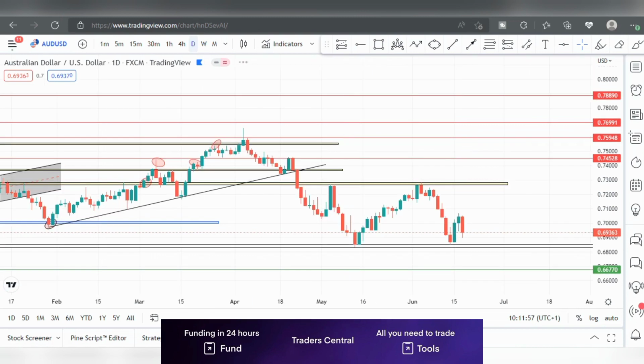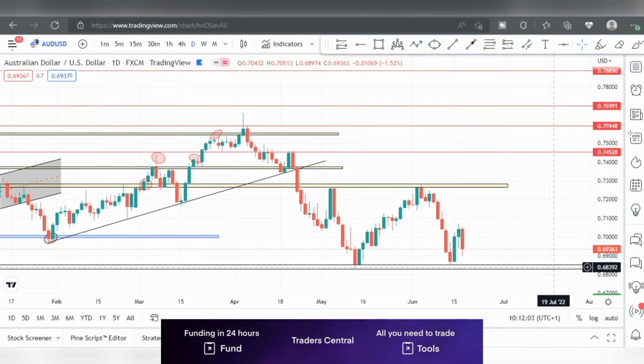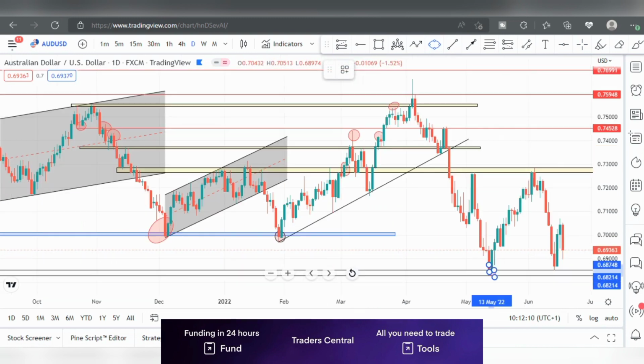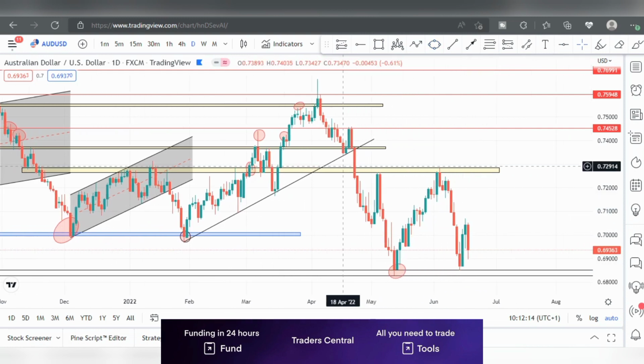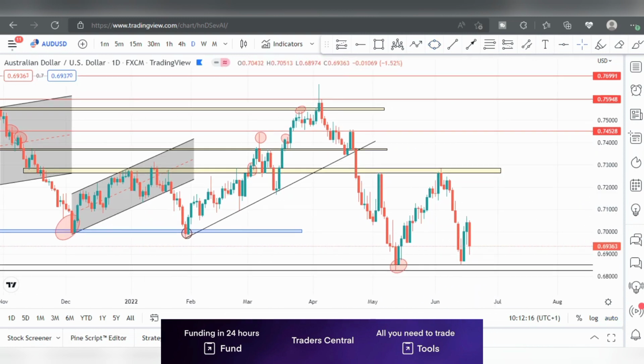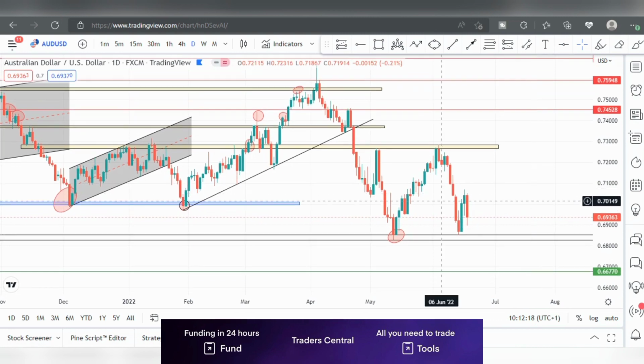Now, if we go to the daily time frame, we can see that when price got to this support area that I mentioned previously, it quickly rejected off it, forming this lovely bullish candle here, and then price went all the way to the top to this resistance area at the 0.725 area.